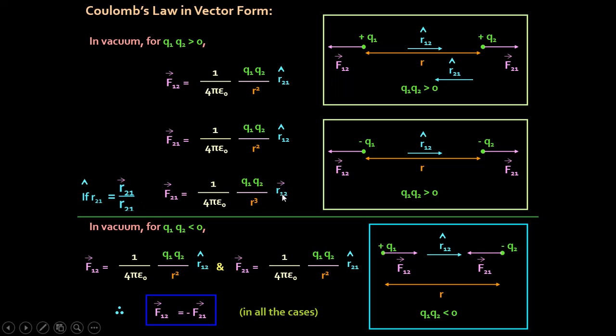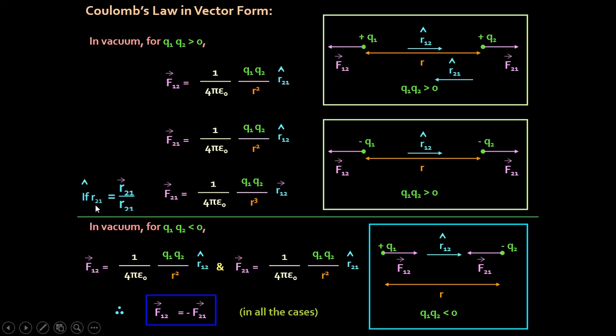If I write R12 cap, R12 cap equals R12 vector divided by R12. R12 or R21, these are all magnitudes and must be equal to small r. Same formula I am using. So here I have written R21 cap equal to R21 vector divided by R21.